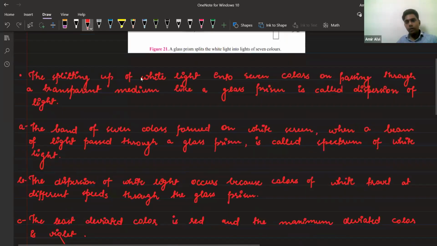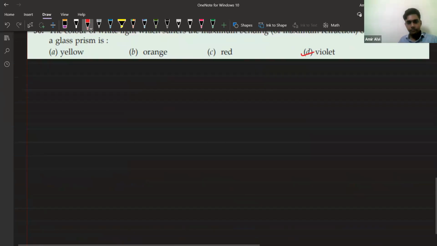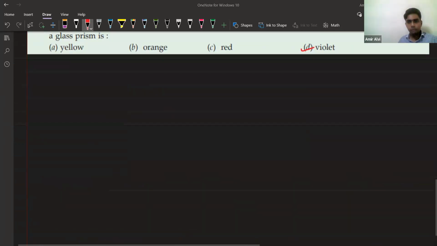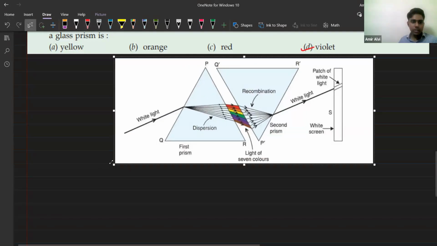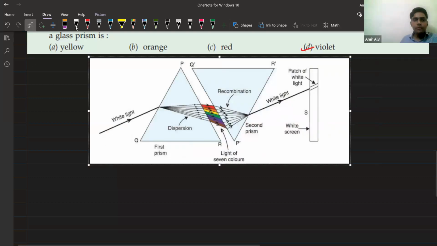Okay, let me tell you what will happen. When the light splits into 7 colors, and you place an inverted prism just in front of the band, or you can say spectrum, what will happen?